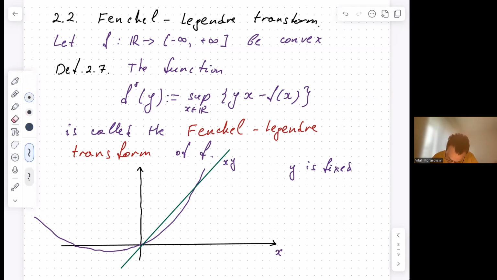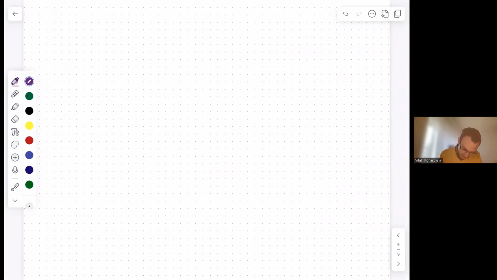And maybe the maximal distance here should be something like that. And you get that this distance is f star of y. That is a function. What is nice about it is, just as a remark, that f star is also convex.